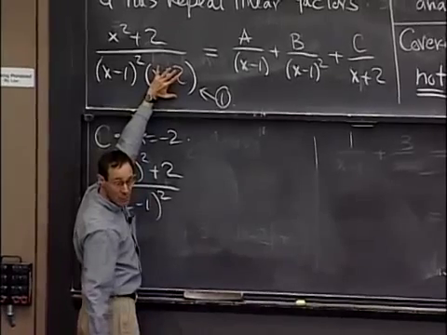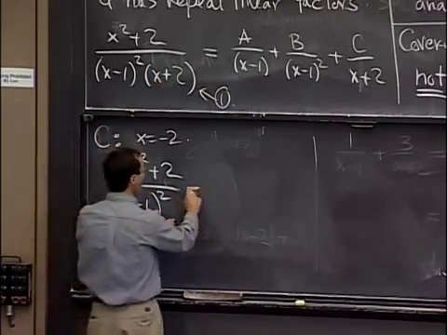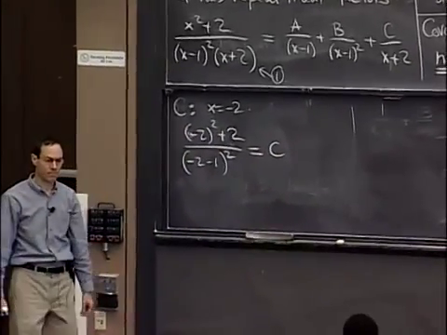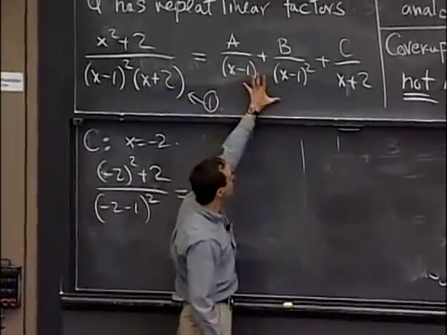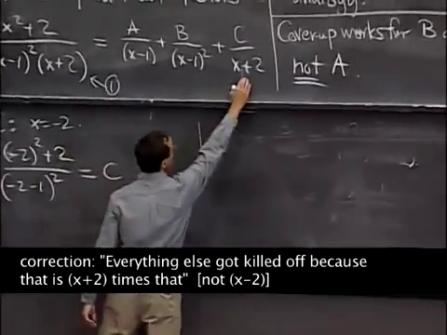Remember, I'm covering this up. So that's all there is on the left-hand side. And on the right-hand side, all there is c. Everything else got killed off because it was x minus 2 times that. That's 0 times all that other stuff. And the x minus 2 over here canceled.